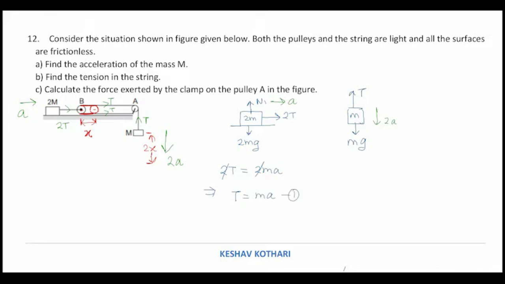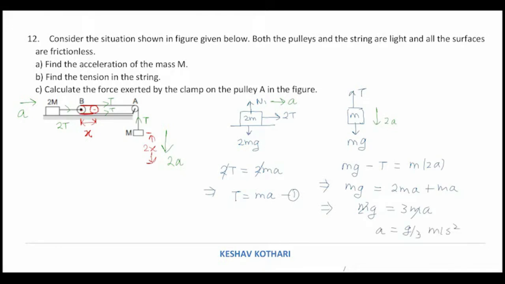For the mass m, a force mg is acting in the downward direction, a tensional force T is acting in the upward direction, and m multiplied by 2a. So mg minus T is equal to 2ma, and the net equation we have is mg equal to 2ma plus ma. So we get mg is equal to 3ma and acceleration is equal to g by 3 meter per second square.